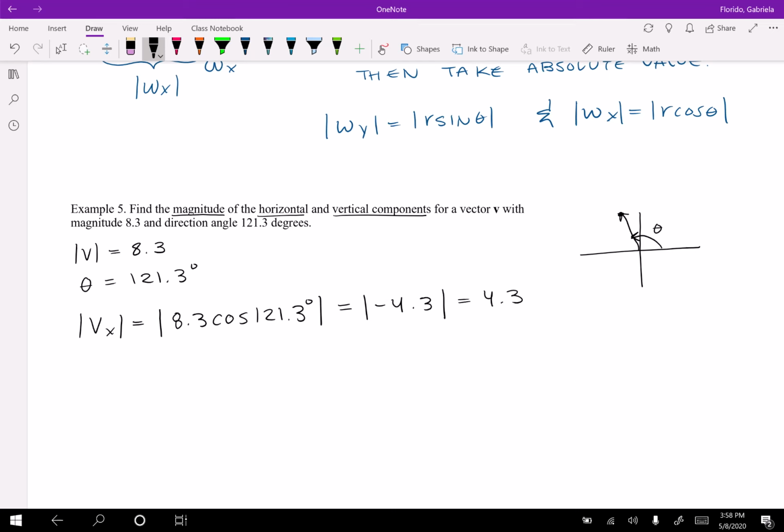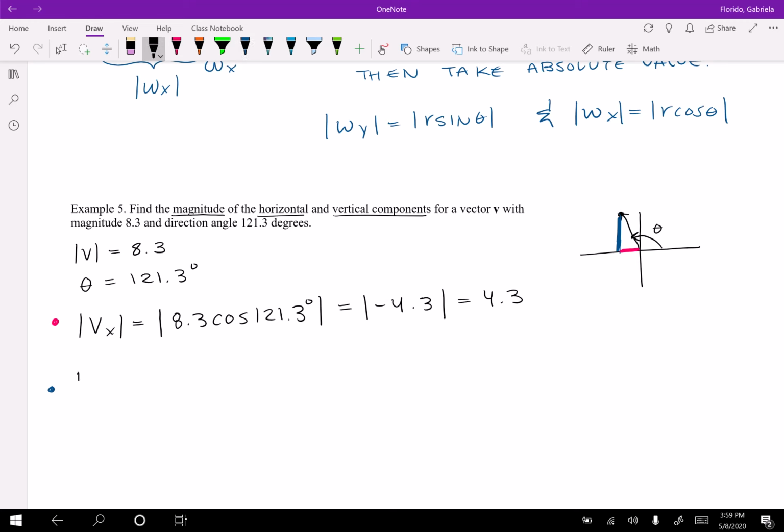So the length of the horizontal component, which I'm going to shade here in pink, is 4.3. And the length of my vertical component is going to be in blue. We're going to find it next. So the pink one is my horizontal component, and my blue one is going to be my vertical component.